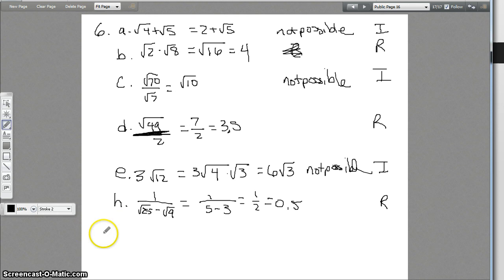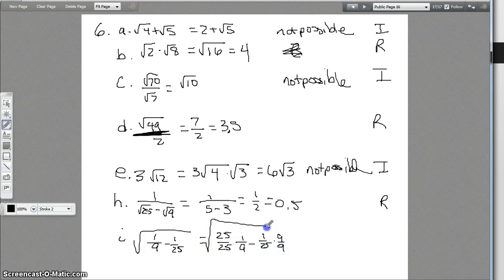Let's look now at part I. That is the square root of 1/9 minus 1/25. So what we need to do is multiply numerator and denominator by 25. We need to multiply our first one by 25 over 25 and multiply our second fraction by 9 over 9.